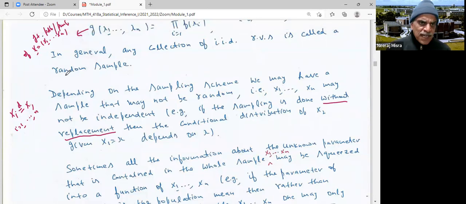So the purpose of this paragraph was to emphasize that in certain situations you may have non-random samples also. But if your sampling is without replacement and your sample size is large, then these xi's are approximately independent. So for large sample sizes, there would again be a random sample, even if the sampling is without replacement. But in general, when you are doing sampling without replacement, the sample you get may not be a random sample.